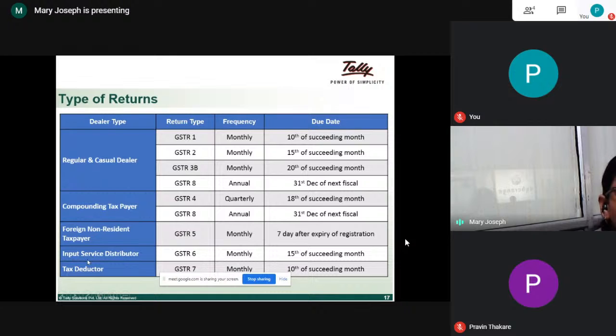An input service distributor, ISD, has to pay the GSTR6 monthly, 15th, and the tax deductor GSTR7 monthly, 10th of the succeeding month. These are all the return files which the regular dealers, composition dealers, non-resident, ISD and the tax deductor each have to file on the due dates.